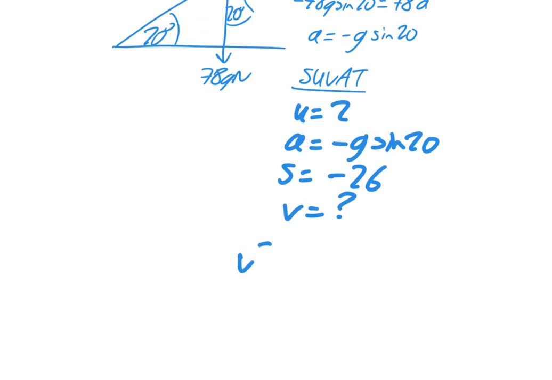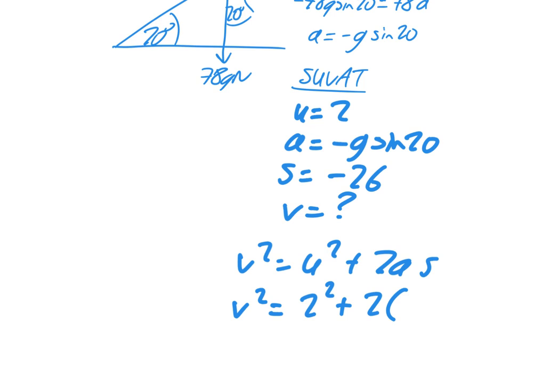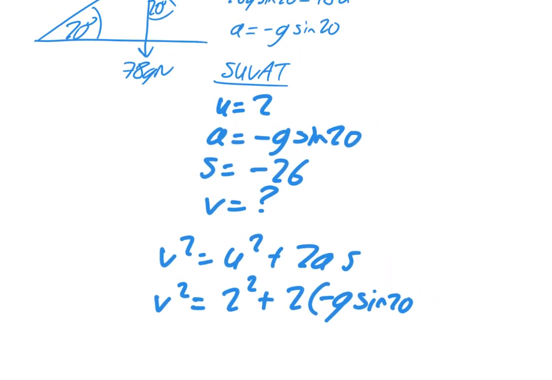So again, it's v squared equals u squared plus 2as, which is v squared is equal to 2 squared plus 2 times minus g sine 20 times minus 26.